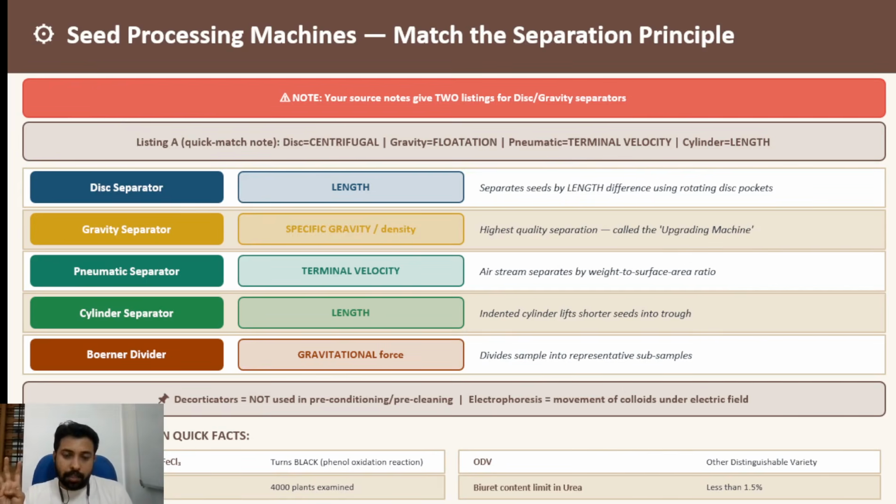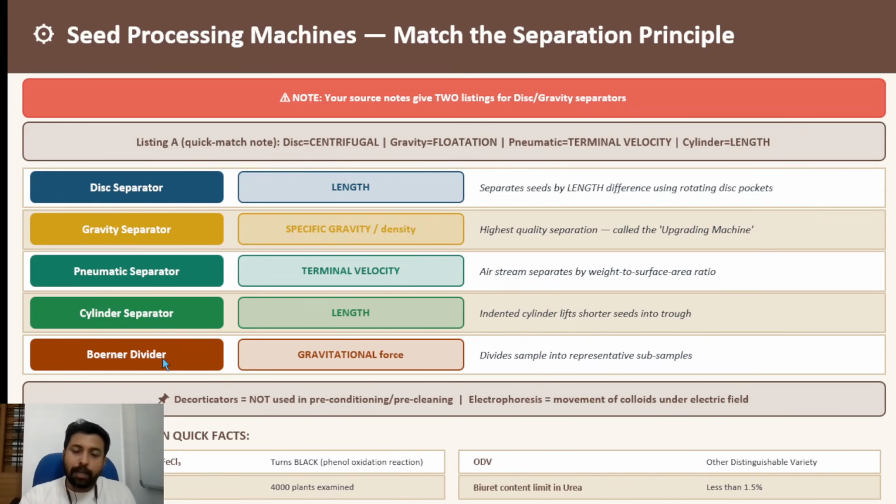These are the four points you need to study regarding this. One example I have shown here. Here you see the disc separator, which is based on length of the seed, while the gravity separator is based on the density of the seed. The cyclonic separator is also based on length.